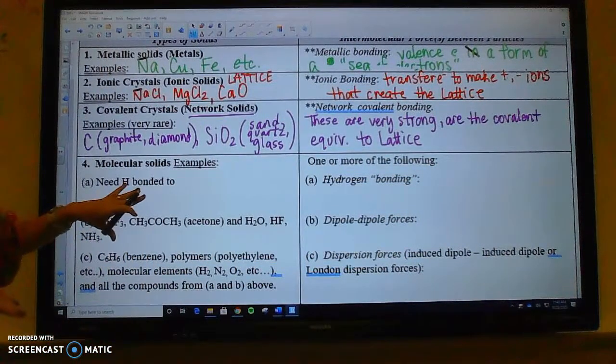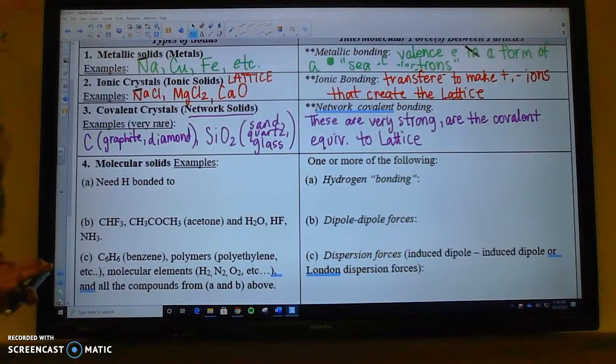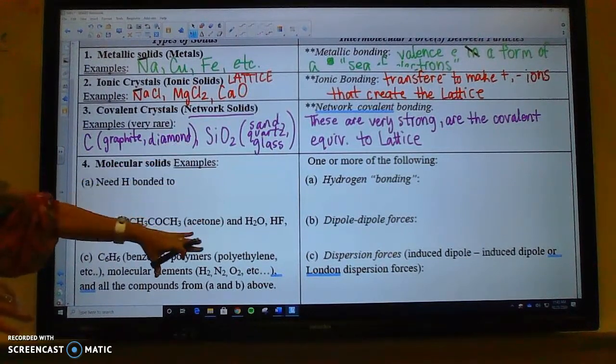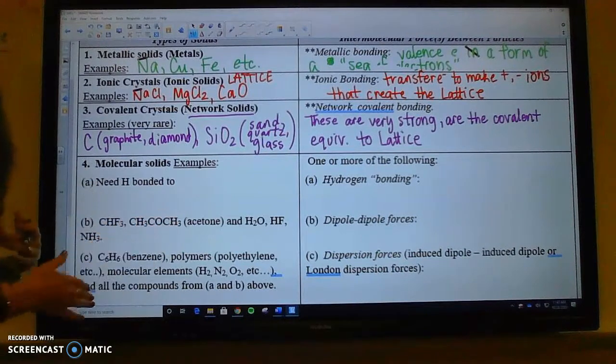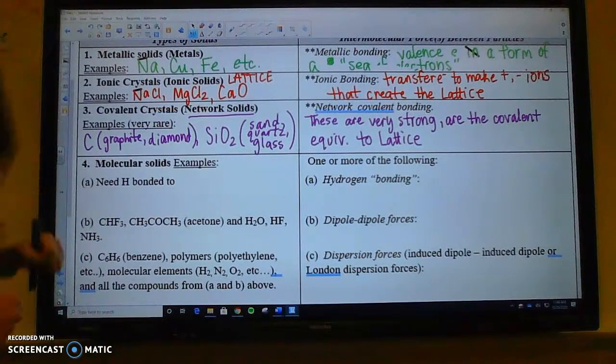Now this next part, we are going to focus on a little more in another lesson, because this is the main part of this unit.